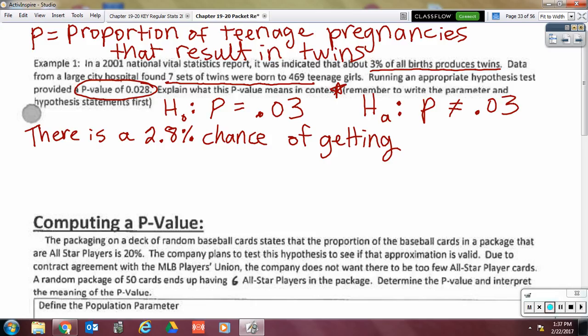So I'm going to put those results, 7 out of 469 sets of twins. Okay, so here's our song. The p-value is the probability, so that's our 2.8% chance, of getting this sample, that's 7 out of 469 sets of twins, or something more extreme, yes.